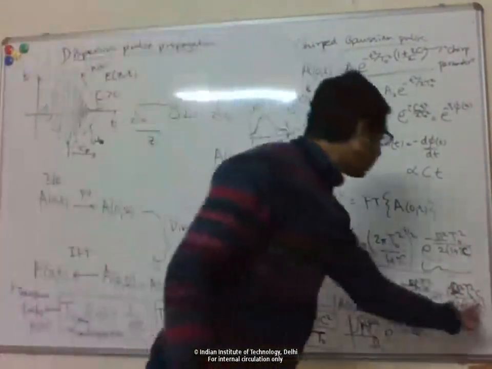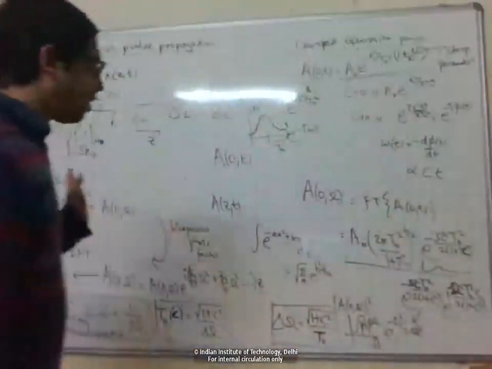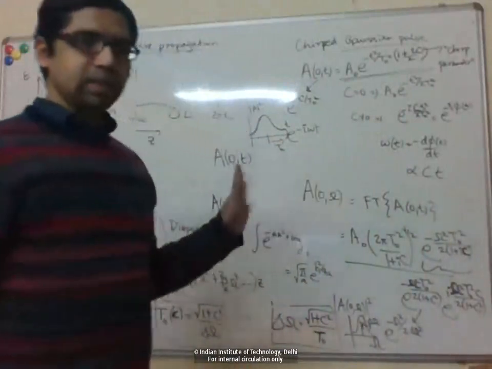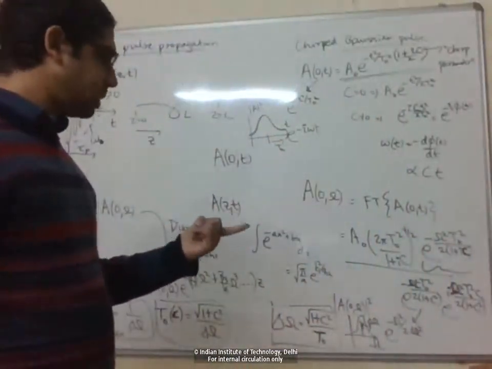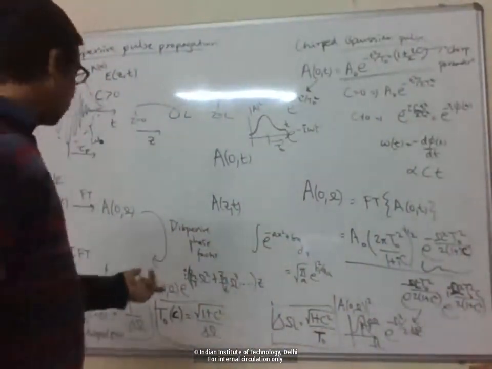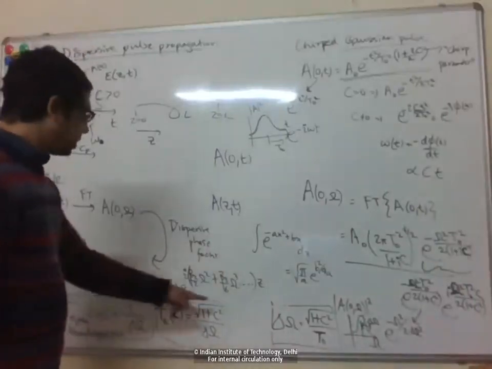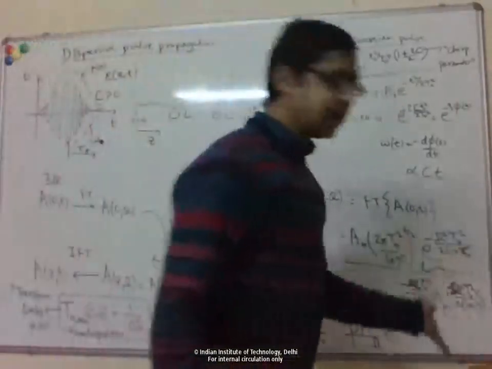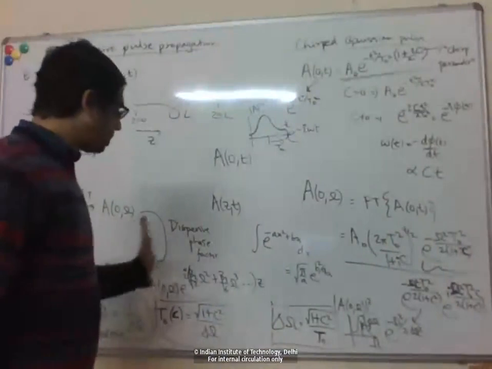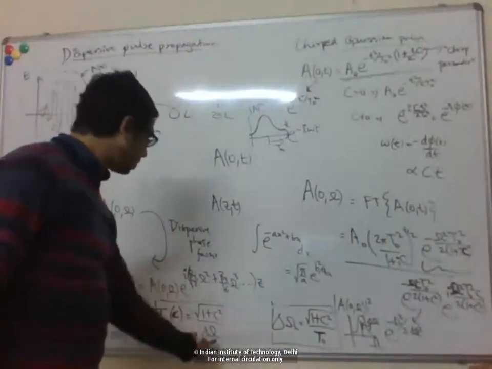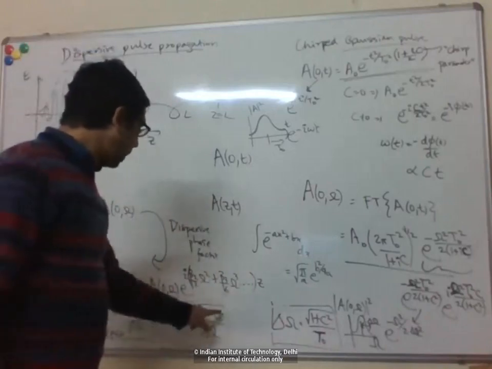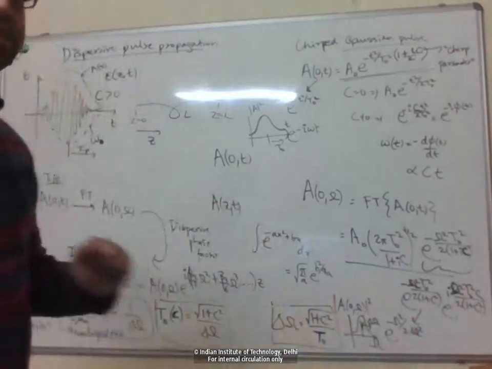All that's happening is we are multiplying by a phase in the frequency domain, so the power spectral density does not change, which means this delta omega, the frequency bandwidth, the pulse frequency content, is the same. On propagation, what's happening is this chirp parameter C increases as this phase increases. And due to that, this T naught, the pulse duration, increases, because this is a constant in the denominator. Due to dispersion, chirp is happening, and due to the chirp, the pulse is broadening.